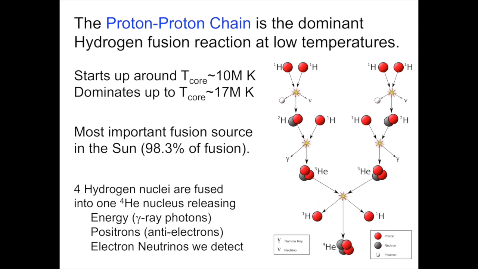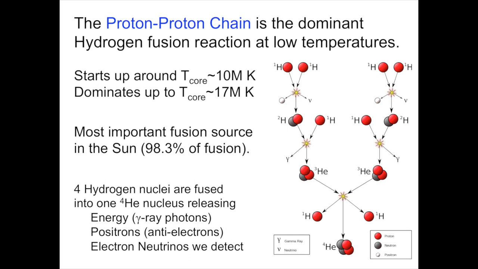And finally, the last bits of energy are put into the form of electron neutrinos that stream out of the sun, making their way across the universe and into our detectors. We can actually see these in large underground detectors like the Super Kamiokande Neutrino Observatory. This is the direct observational confirmation that nuclear fusion is responsible for the energy of the sun.